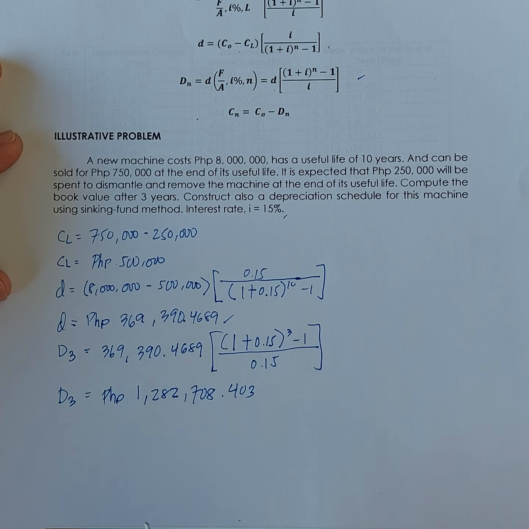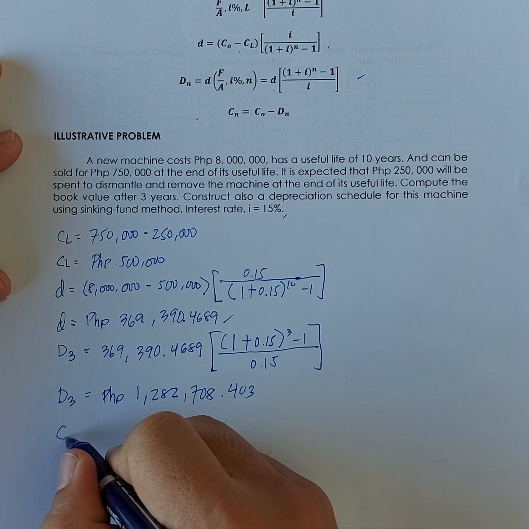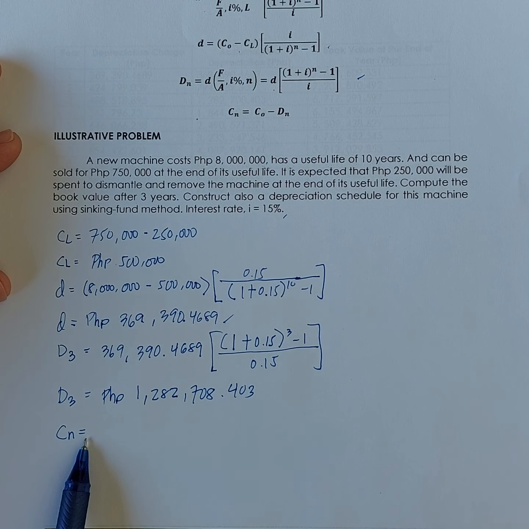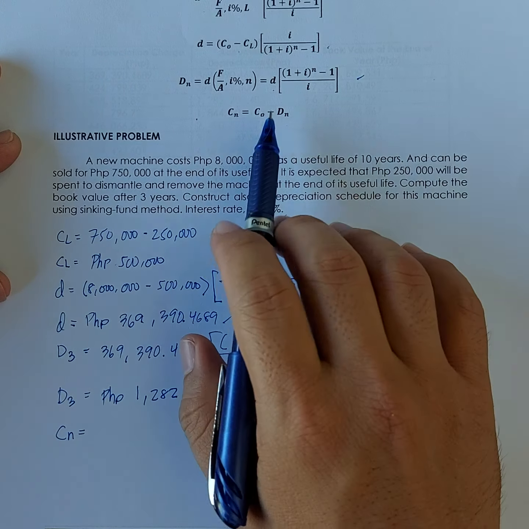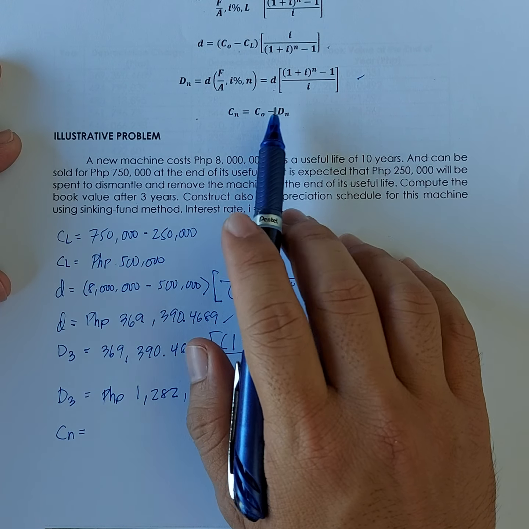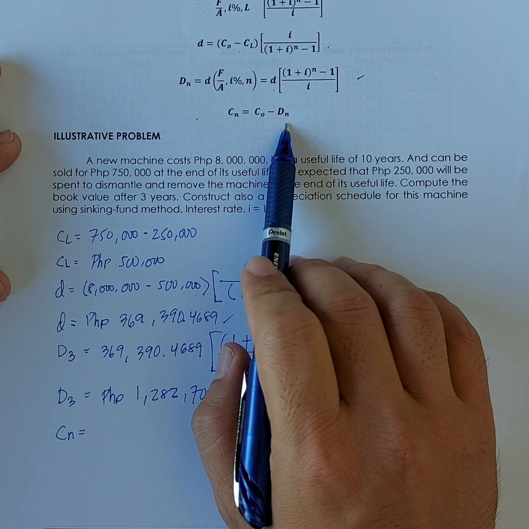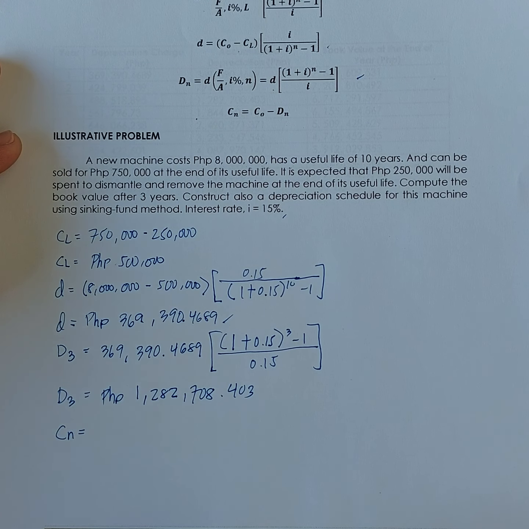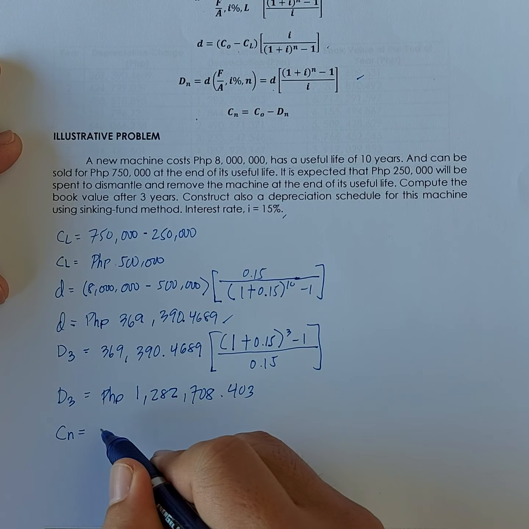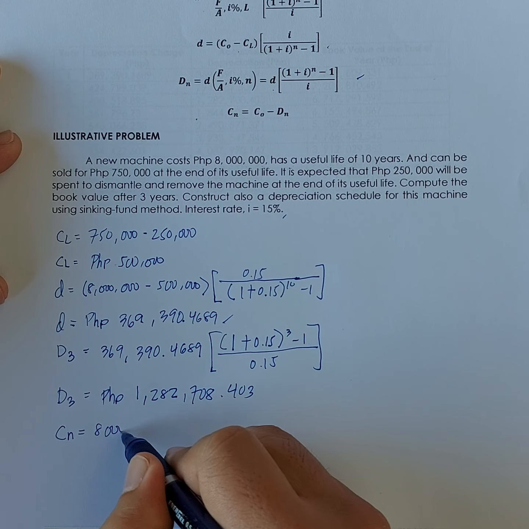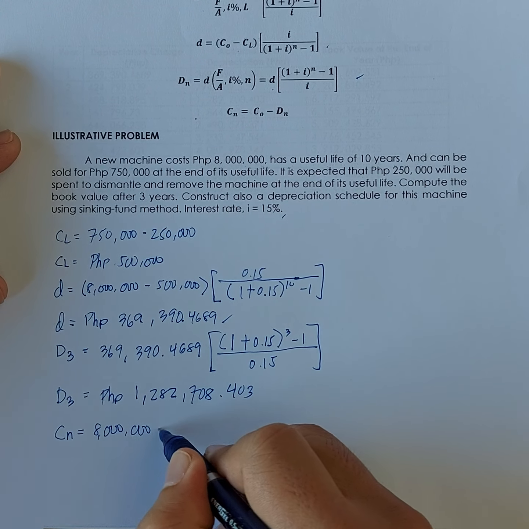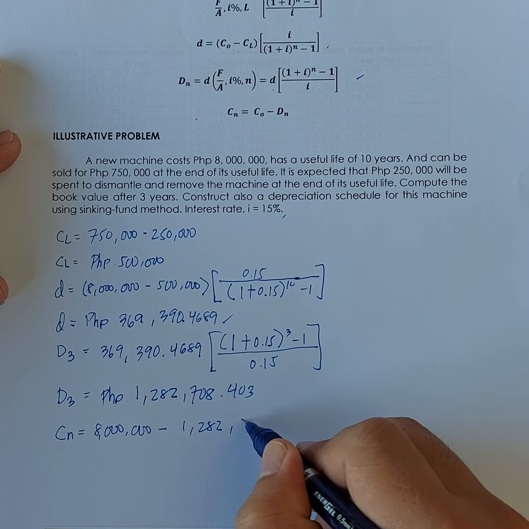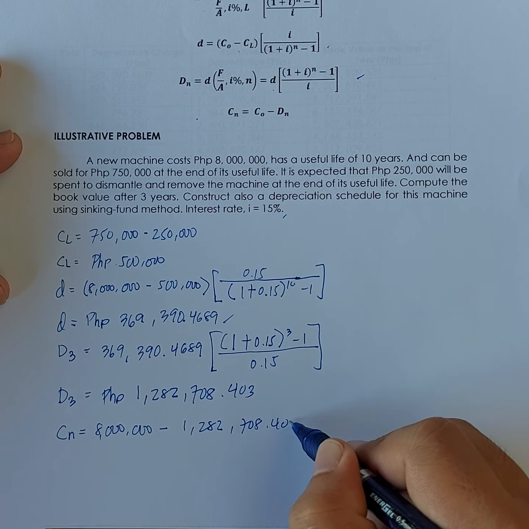Okay, now we are to solve for the book value after 3 years. So the book value after 3 years is just the difference between the original cost and the accumulated depreciation in 3 years. So we have 8 million minus 1,282,708.403.